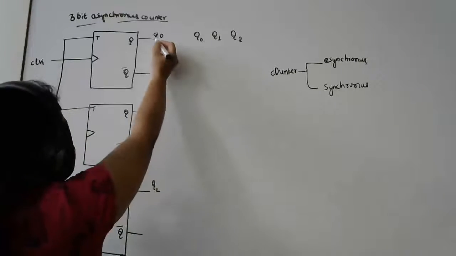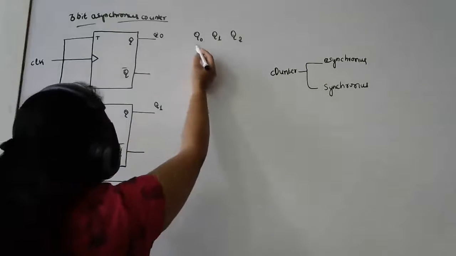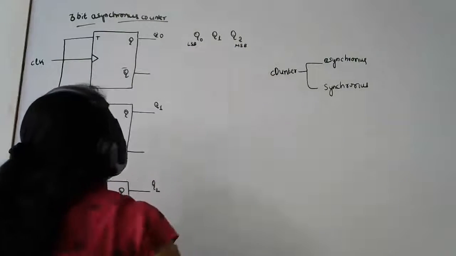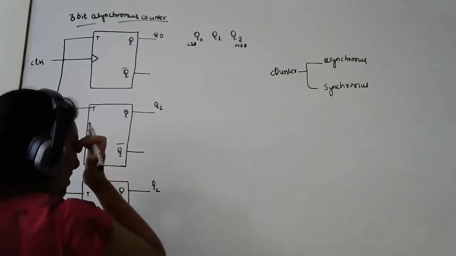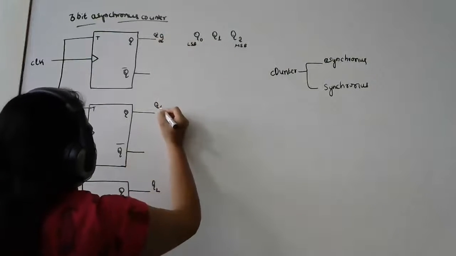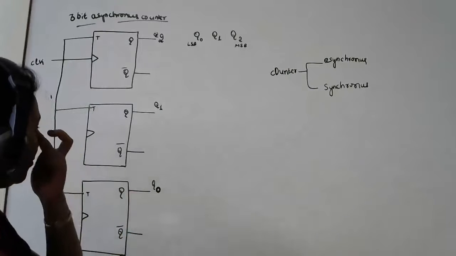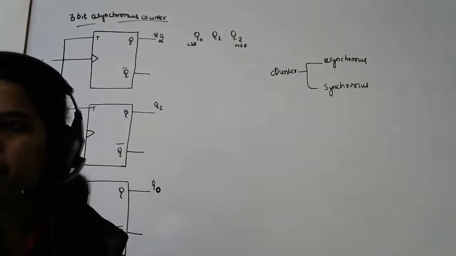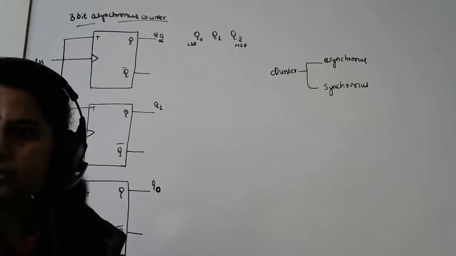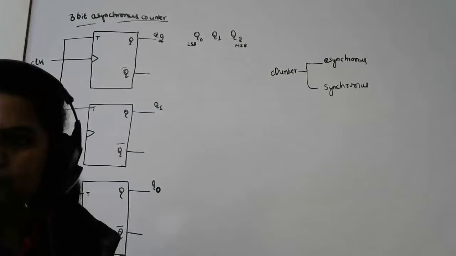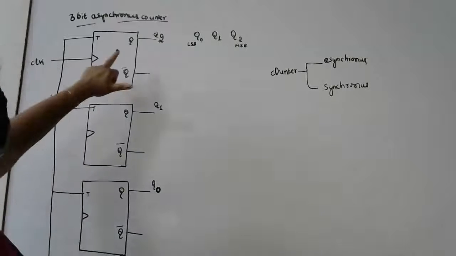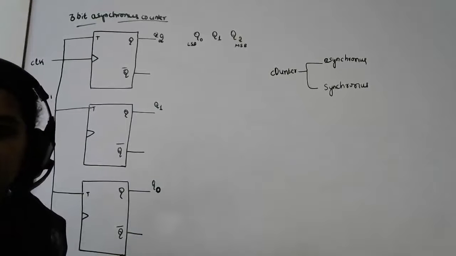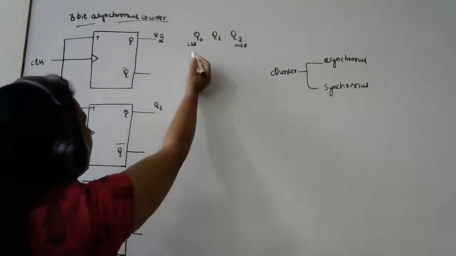I have three outputs, so let me call them Q2, Q1, Q0, where Q0 is my LSB and Q2 is my MSB. These three give me a 3-bit output.